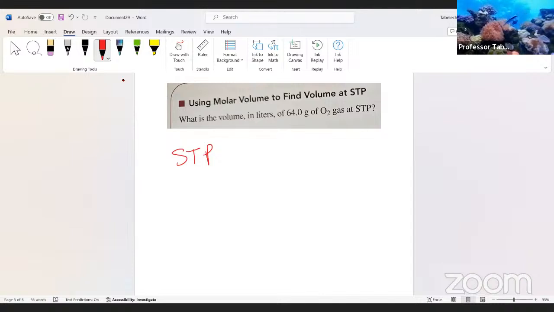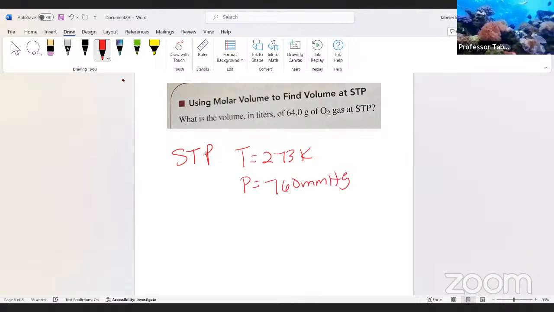So STP means standard temperature and pressure. Your temperature, of course, if you're using Kelvin, is going to be 273 Kelvin, and your pressure would be 760 millimeters of mercury, or it could be 1 atm. And your temperature could also be 0 degrees Celsius, depending on what they start you off with.